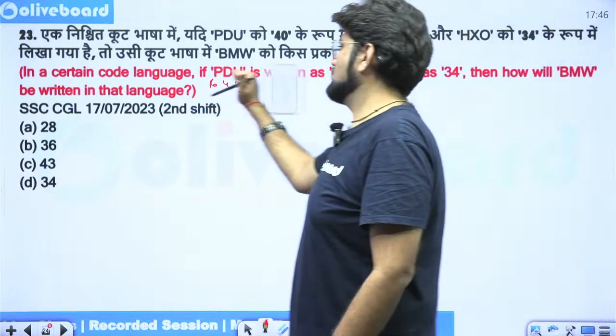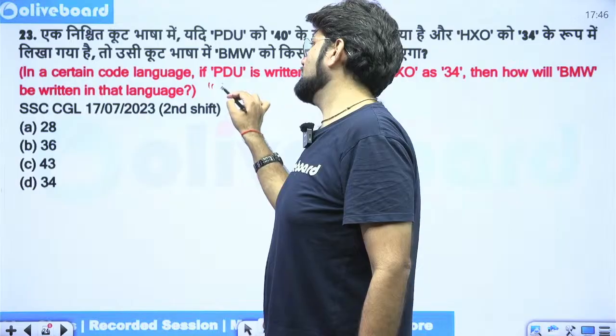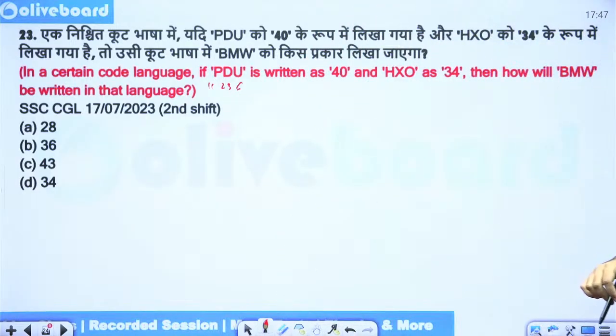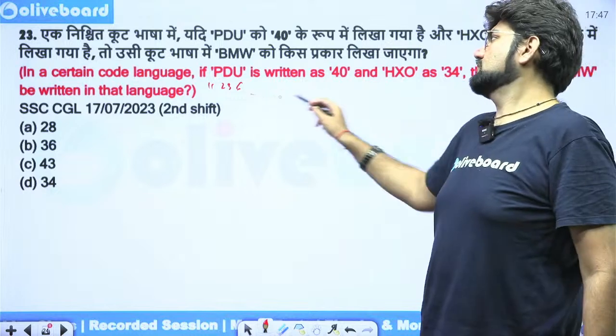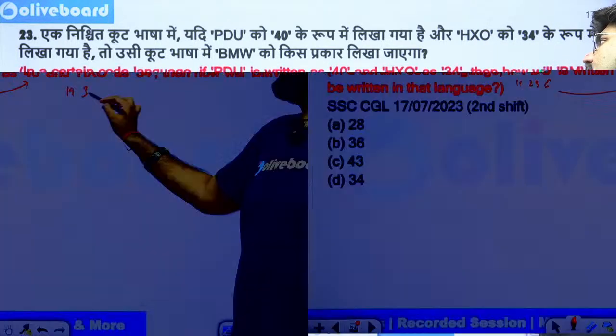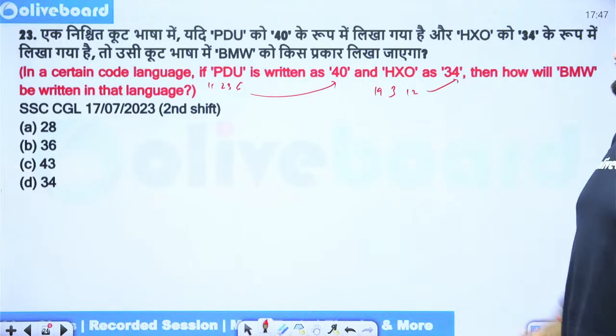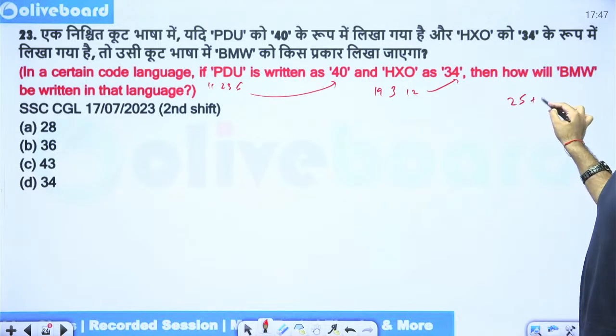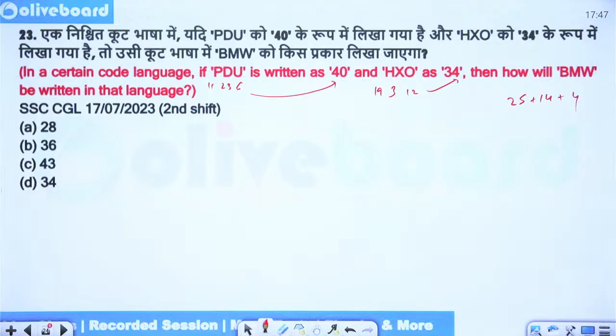What is the other option? Reverse it. 11, 23, 6. 3 plus 11 is 34 plus 6 is 40. Just reverse place value. 19, 12. Similarly, for BMW, it will be 5, 18 and 25 is 43.